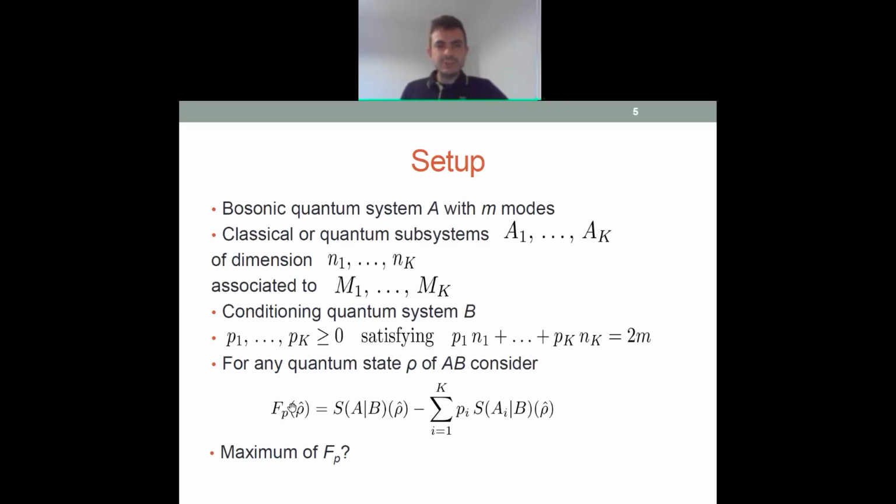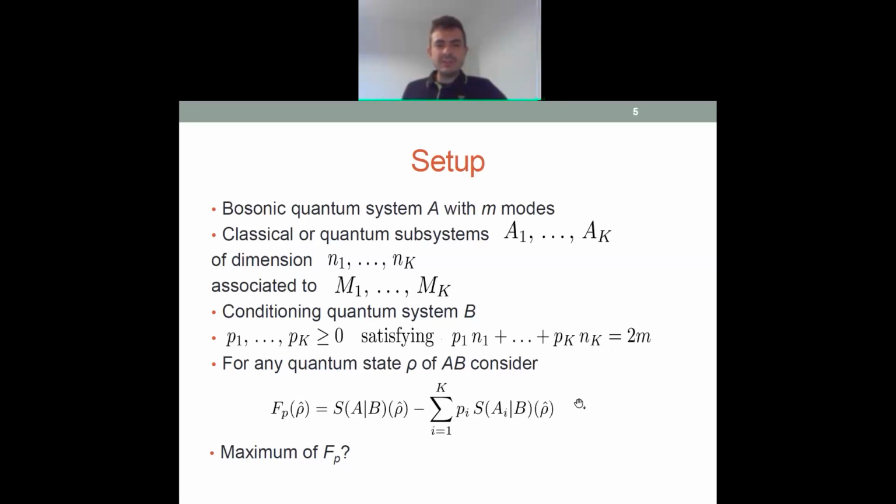And we will also need to consider some positive numbers, P1 up to Pk, that have to satisfy this scaling condition that more or less P1 times N1 plus up to Pk times Nk should be equal to twice the number of modes of the global system, and this is needed for technical reasons.